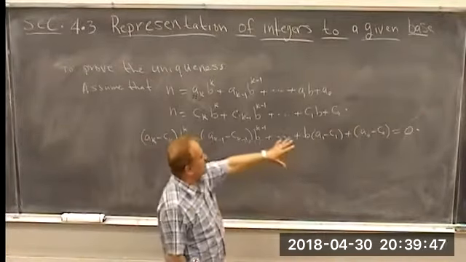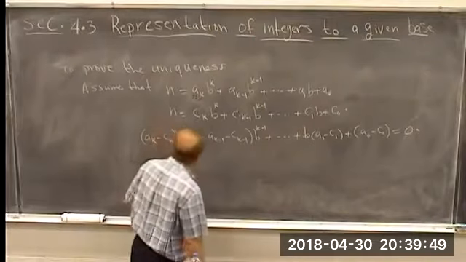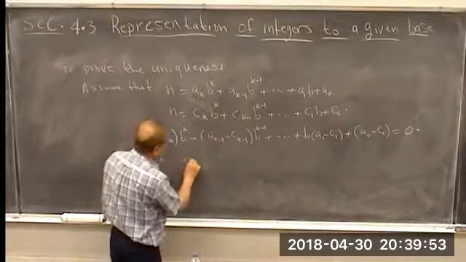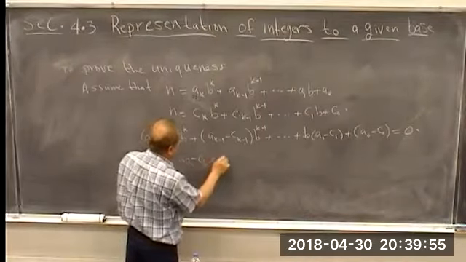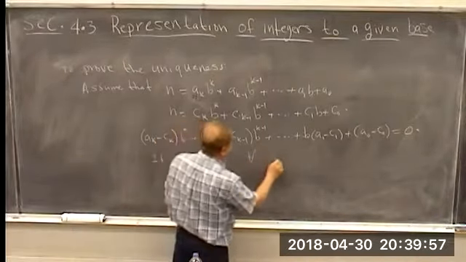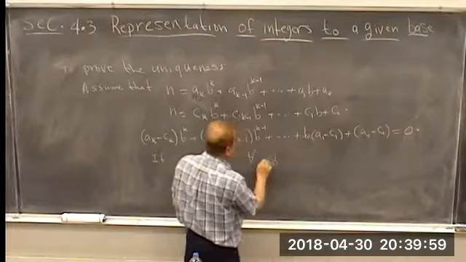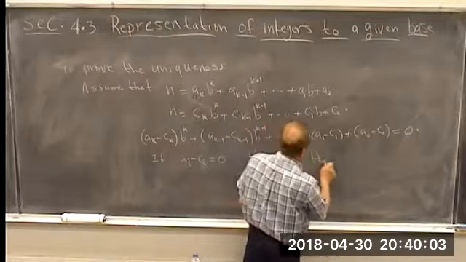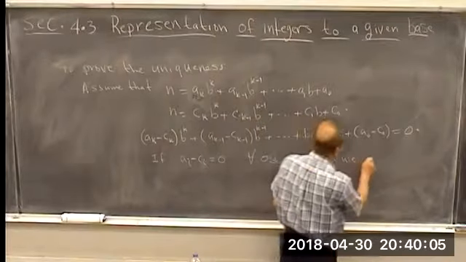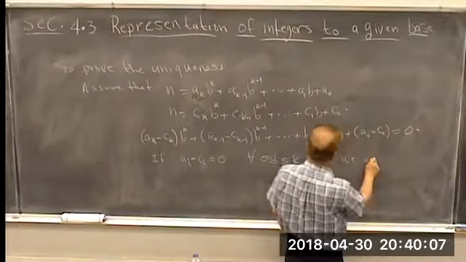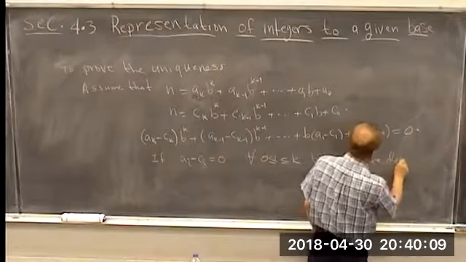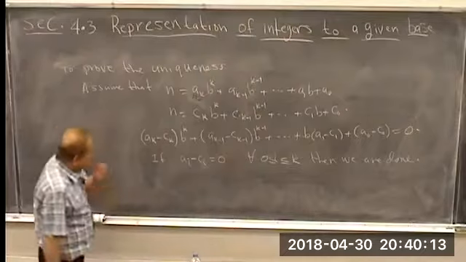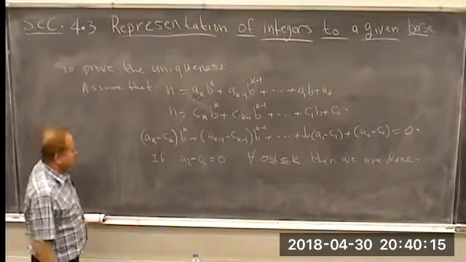Now, if it happens that we have a sub i minus c sub i equal to 0 for every i between 0 and k, then we are done. It means the two representations are the same. So let's assume no, it is not.